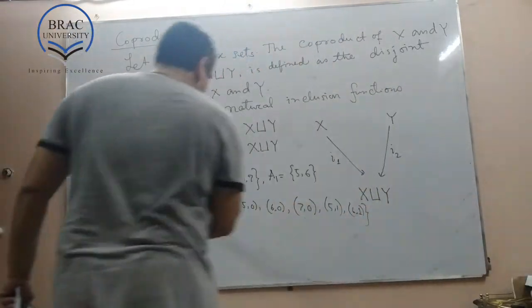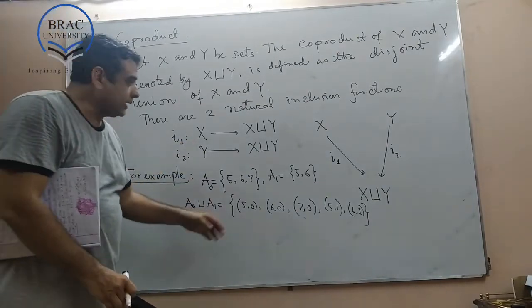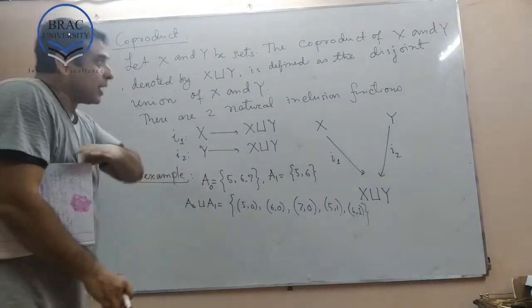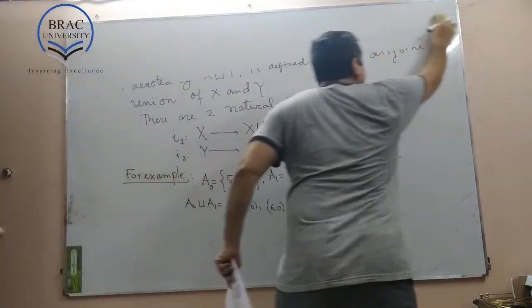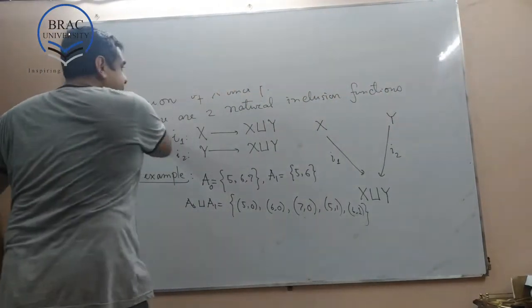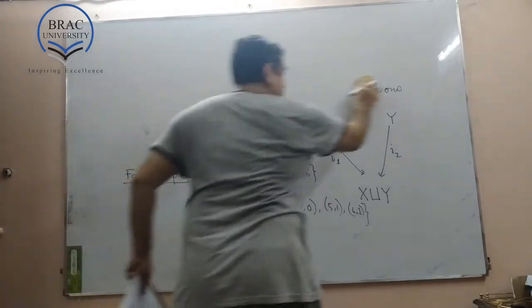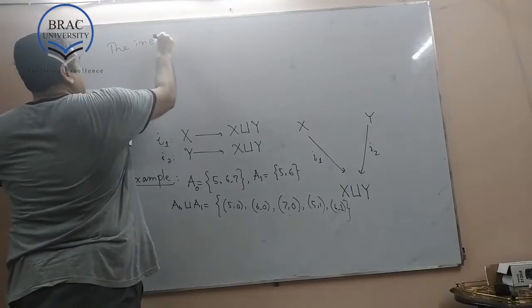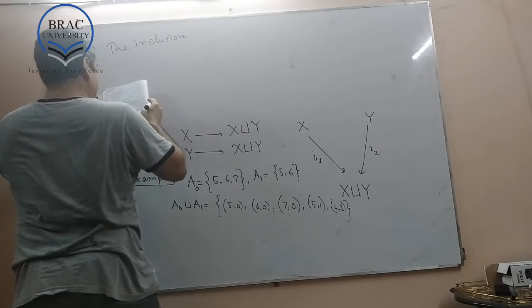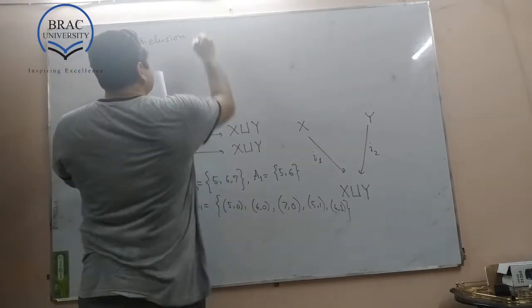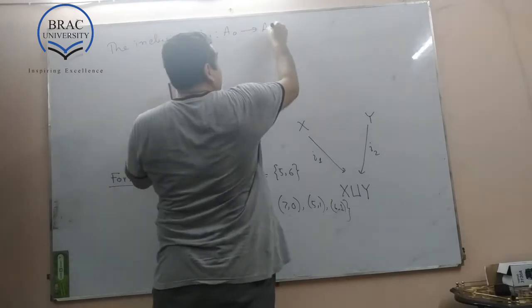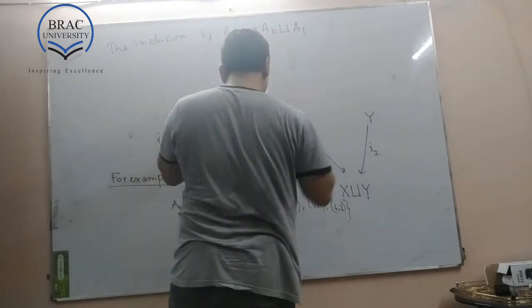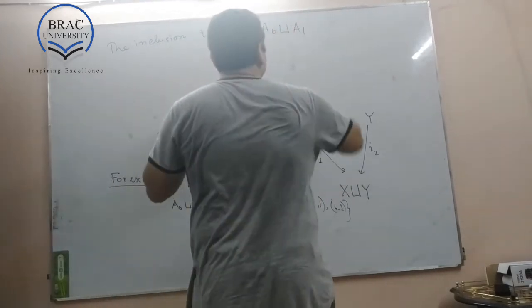So I need to show how these two inclusions look like in this example. The inclusion I1 from A0 to the disjoint union of A0 and A1 is drawn in the following diagram.